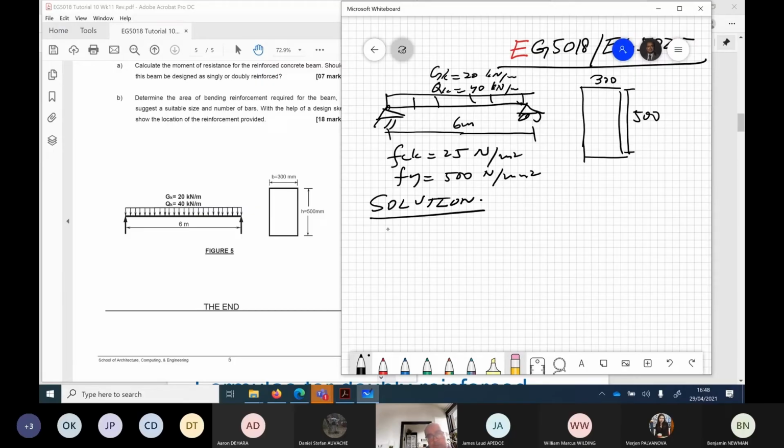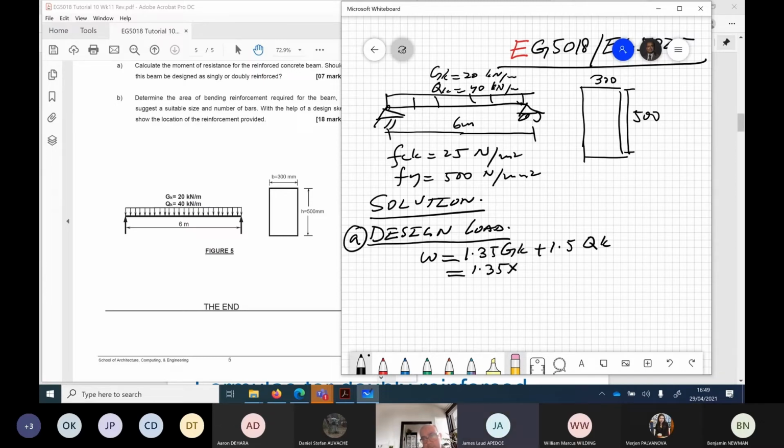The first thing is that we have to work out design load. So design load will be equal to 1.35 GK plus 1.5 QK. This is part A. So 1.35 into 20 plus 1.5 into 40. If you do the calculations with me, just give me the answer. 87. Thank you. Kilonewton per meter.